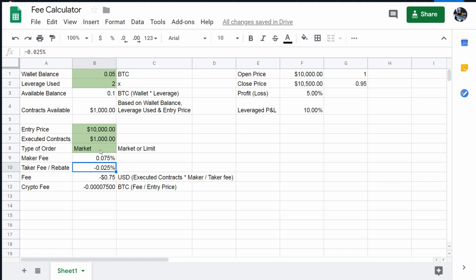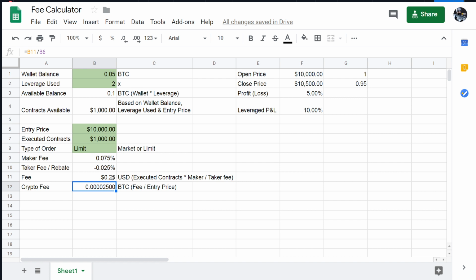So if I'm doing a market order of 1,000 contracts, my fee is going to be 75 cents or 7,500 Satoshis. If I'm going to move this to a limit order, and people actually make money off of this, if I'm doing a limit order, I'm going to make 25 cents or 2,500 Satoshis on this $1,000 contract.